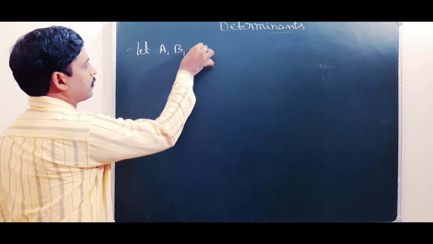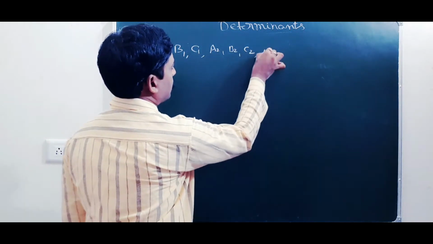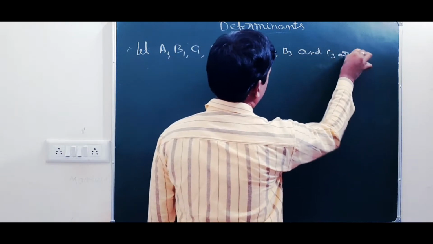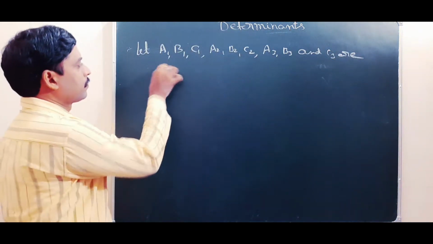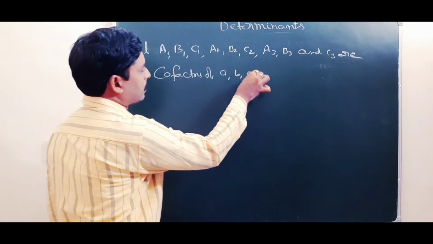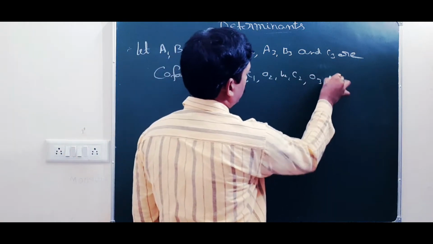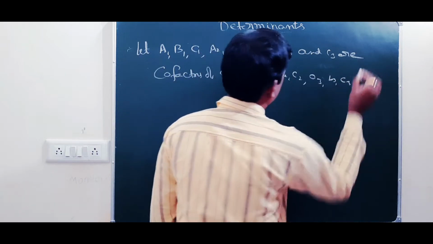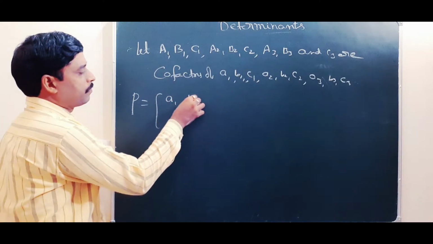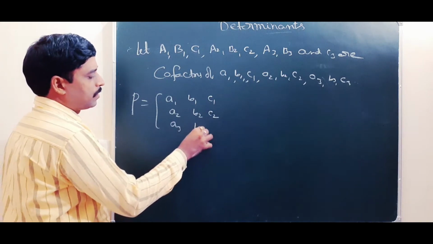Let us take A1, B1, C1, A2, B2, C2, A3, B3 and C3 as the cofactors of a1, b1, c1, a2, b2, c2 and a3, b3, c3. So what is P? P is equal to a1, b1, c1, a2, b2, c2, a3, b3, c3.